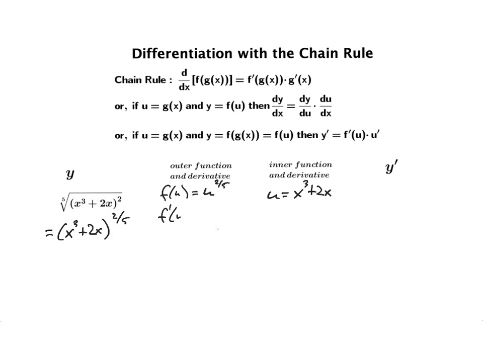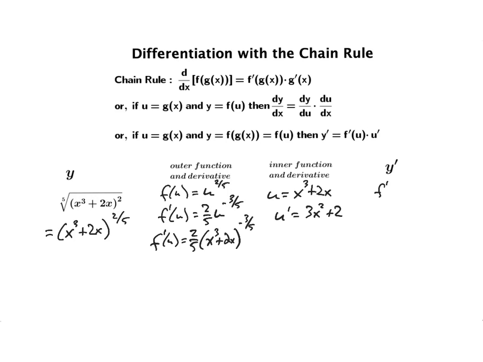So f prime of u is 2/5 u to the negative 3/5. So f prime of u can be rewritten as 2/5, putting our inner function back in here. u prime can be written as 3x squared plus 2.